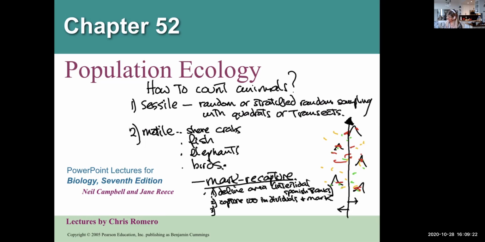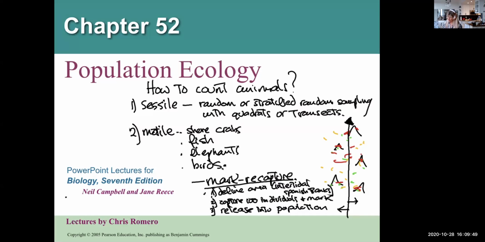And then you release them back into their original population. And you are going on the assumption that all these marked individuals will go and distribute themselves randomly and sort of evenly with all the other members of the population. So that is an assumption that you have to make.